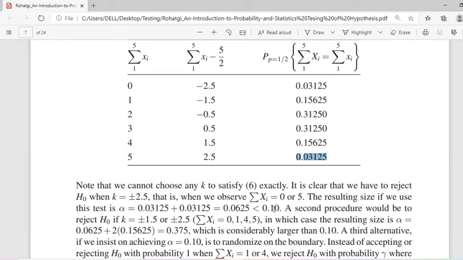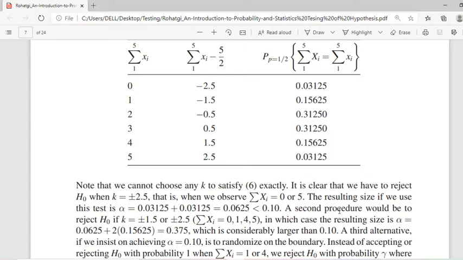So we should reject when summation xi equals 0 or summation xi equals 5. That means we have to reject when summation xi minus 5 by 2 is minus 2.5 or plus 2.5. So the possible values of k would be plus or minus 2.5. If we select k equal to plus or minus 2.5, we have to reject the null hypothesis.